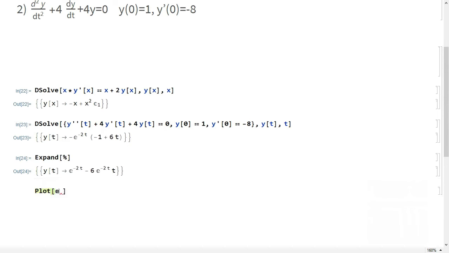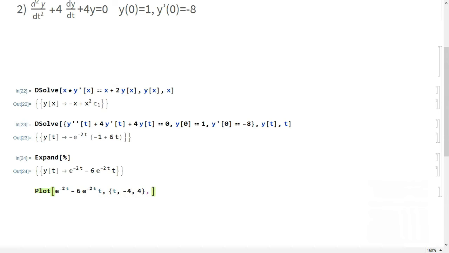Let's type exponential to the power minus 2t minus 6 minus 2t, and we have another t, right? And we want to plot it, let's say from, let's see our boundary conditions. Both of them are at 0, and we want to, let's say, plot from minus 4 to plus 4.